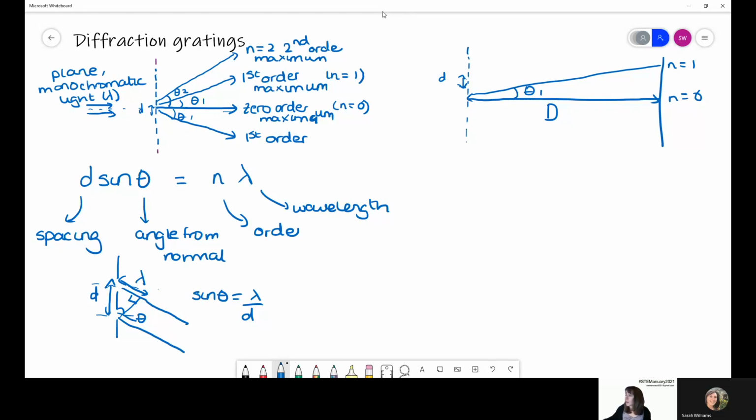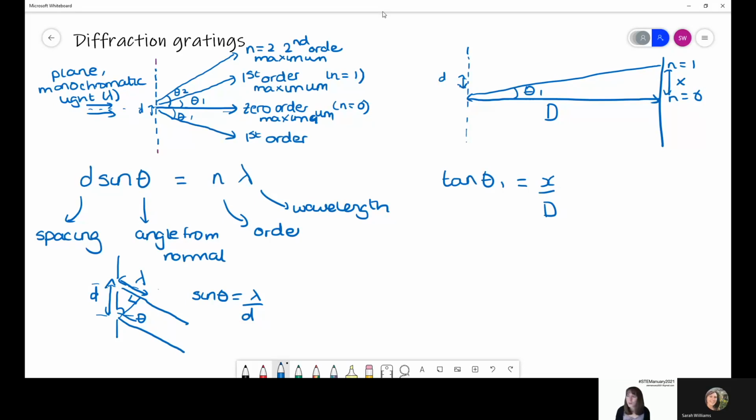And I want to find out this distance here, so the spacing x. So using trigonometry, tan theta 1 is equal to x over D.